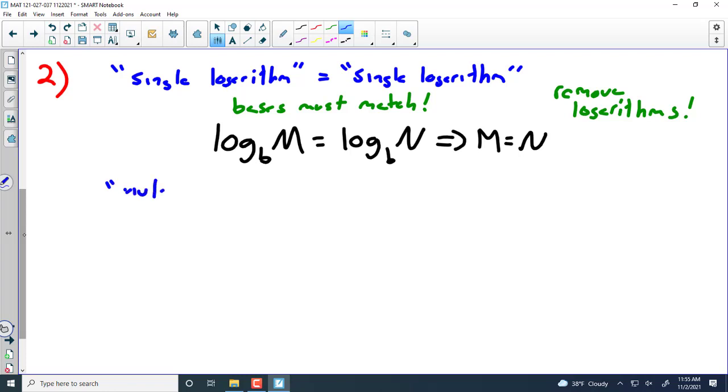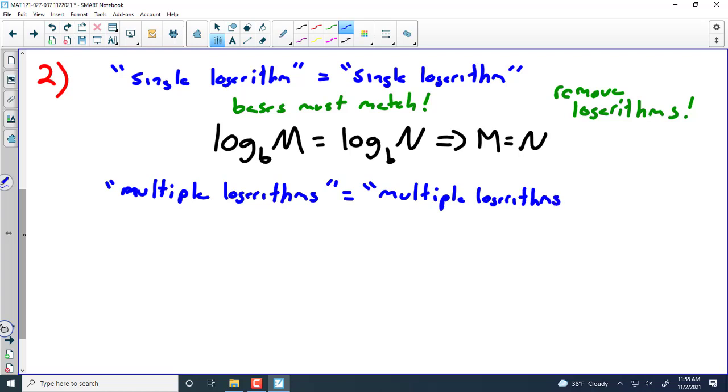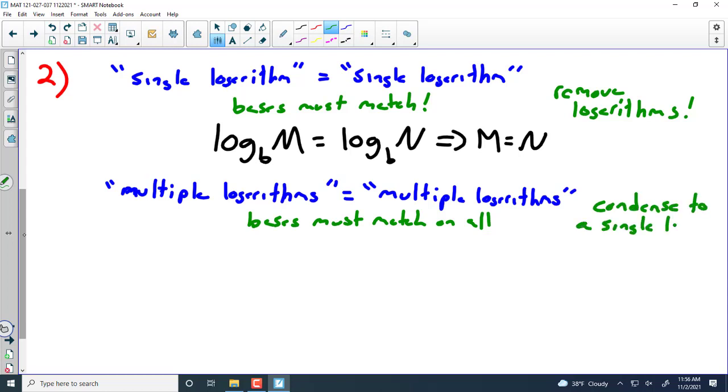If you have multiple logarithms equals multiple logarithms, bases must match on all, then you condense to a single logarithm on both sides and remove the logarithms.